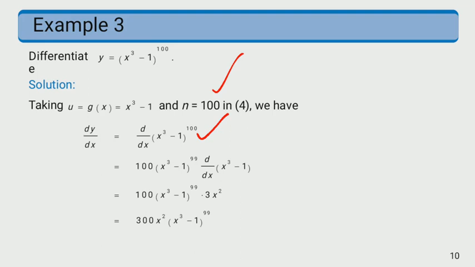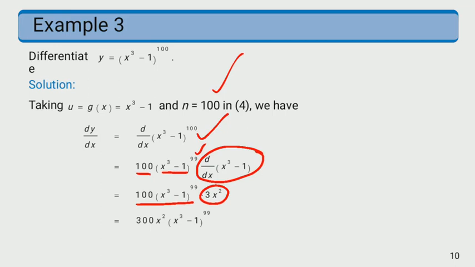That means you take 100 down, and then you have 100 minus 1, which is 99. But now remember, you still have to take the derivative of the inner function, and then multiply that with this. So when you take the derivative of the inner function, you get 3x squared.